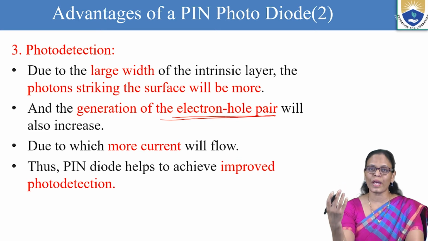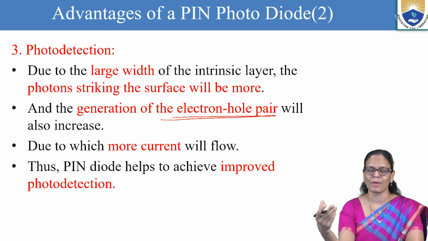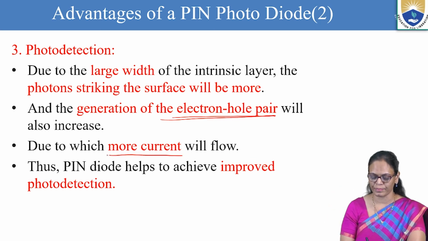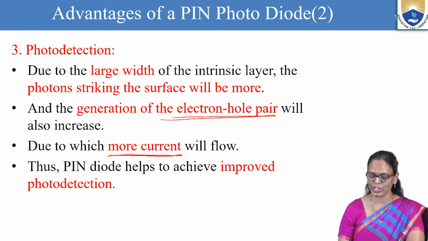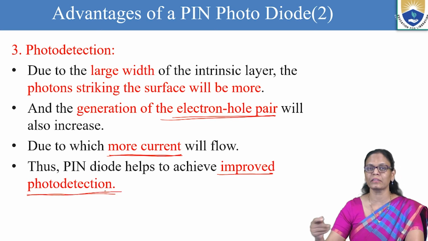When photons are incident on the intrinsic layer, electron hole pairs are generated, and with the increase in the number of photons, the generation of electron hole pairs also increases. These electron hole pairs give rise to photocurrent. There will be more current, and the PIN diode helps to achieve improved photodetection. So it will help in detecting light.